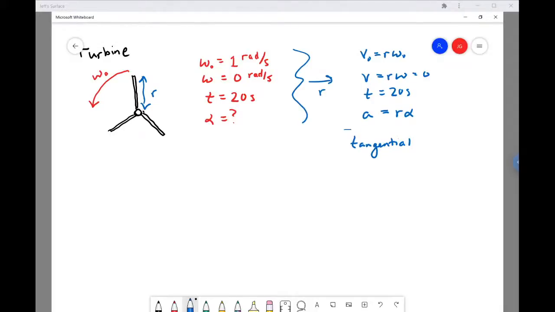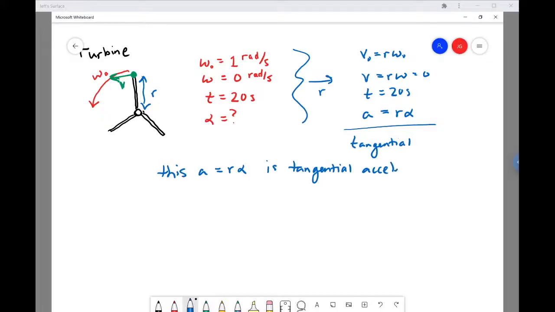All right, so that means that at any moment, let's go over here and imagine there's a point on the tip of this blade. And at that moment in time, it has a linear velocity that's in that direction. And then sometime in the future, it's changed direction. But this A that we're calculating here is not the same thing. Let me write this out. This A, which is equal to r times alpha, is tangential acceleration.